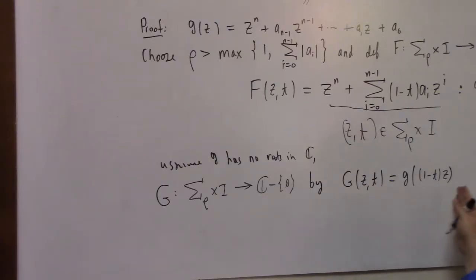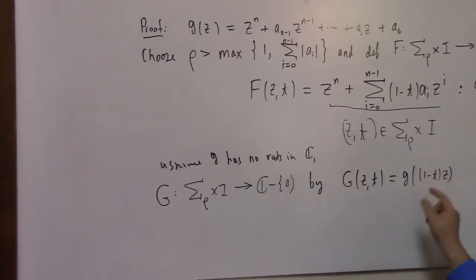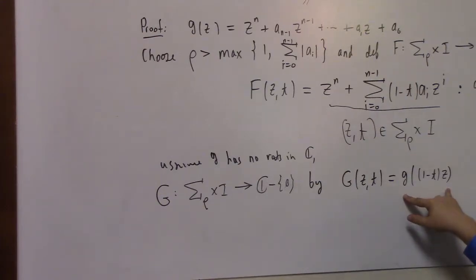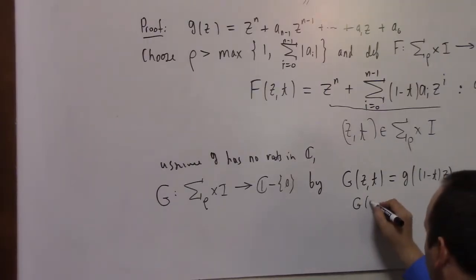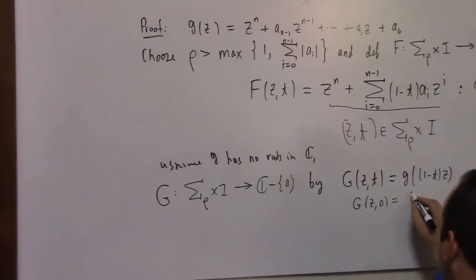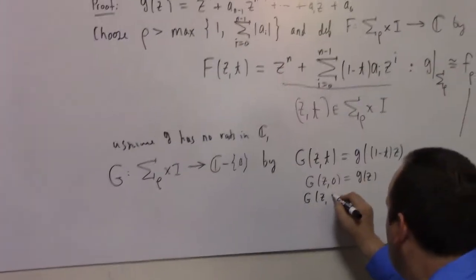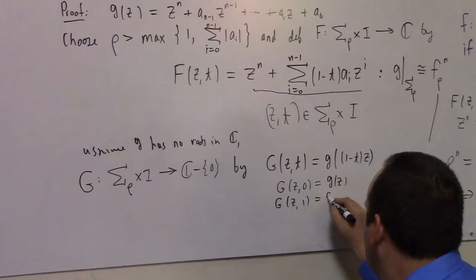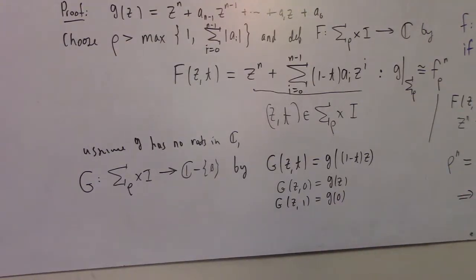Now, is it clear that that's a homotopy then? I mean, no roots in Z, no roots in C means that this image is in the non-zero complex numbers. And then G of Z, 0 is going to be little g of Z. Just g of Z. Right, and G of Z, 1 is going to be G of 0, which is constant.